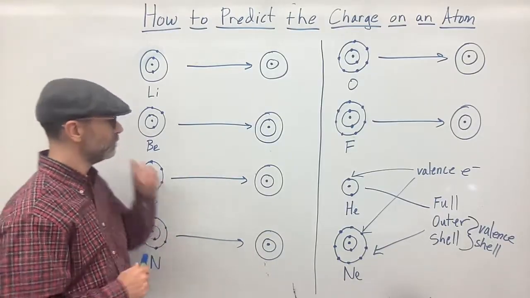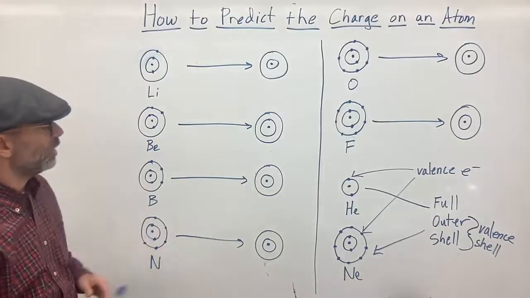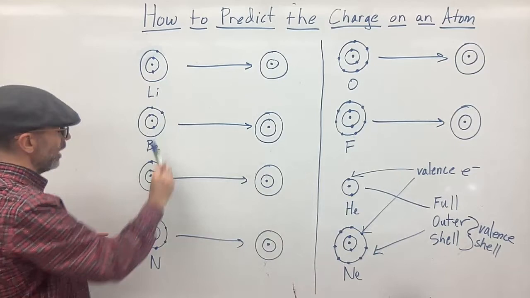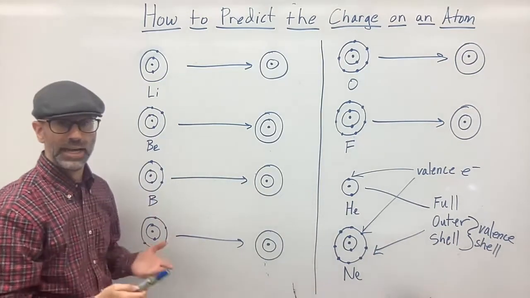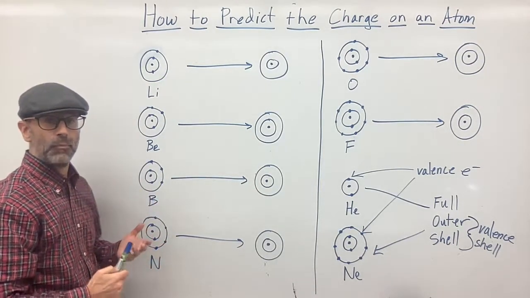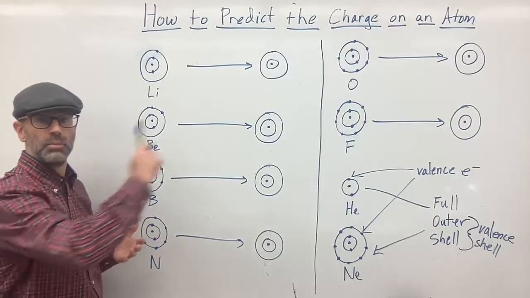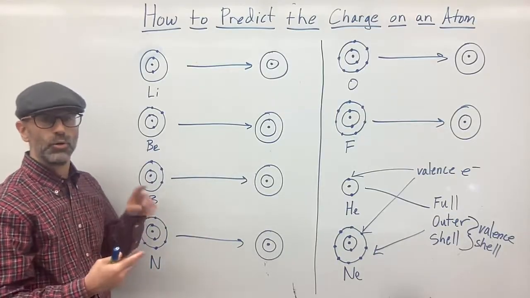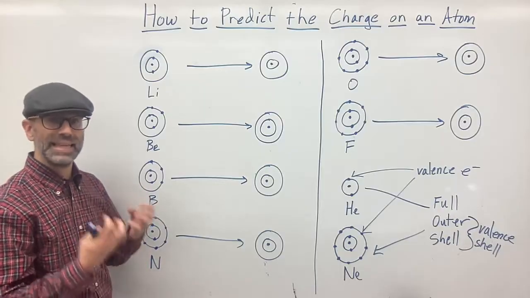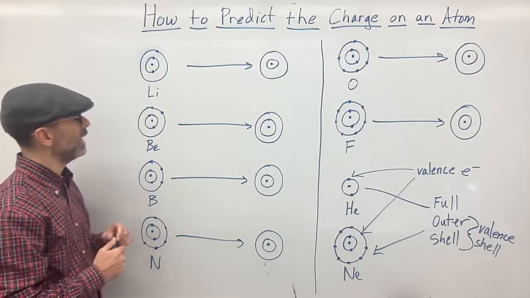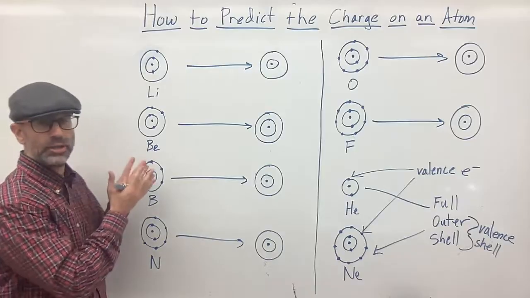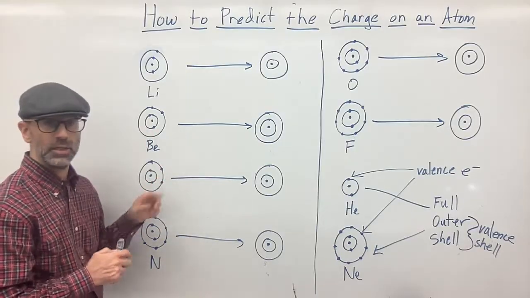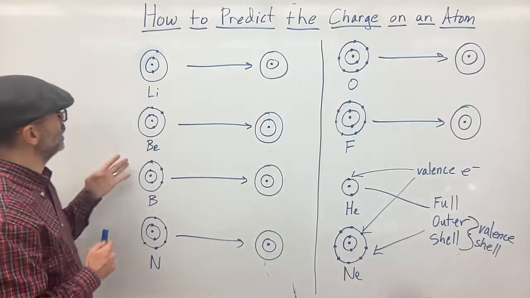Okay, so moving on. So when we're trying to understand why these atoms lose or gain electrons, we have to think, well, they want to be like a noble gas. So they're either going to lose electrons or they're going to gain electrons to be like a noble gas. And so we have to look at which noble gas is closest to your element. So I have these written down here.